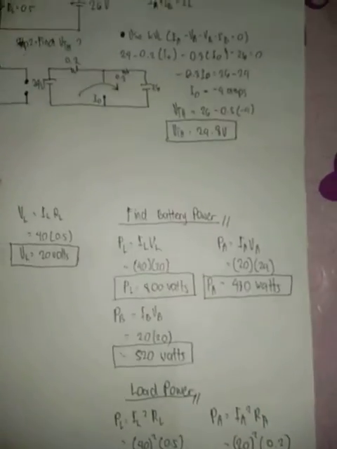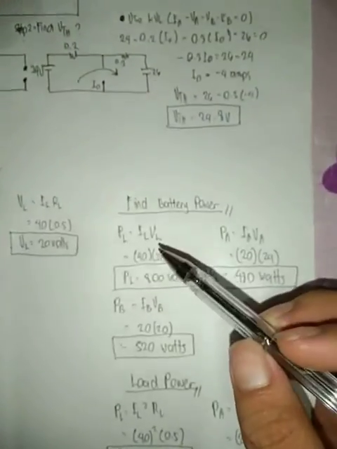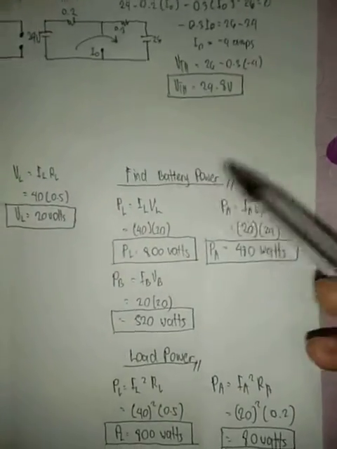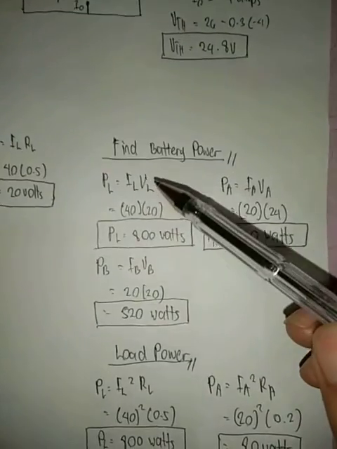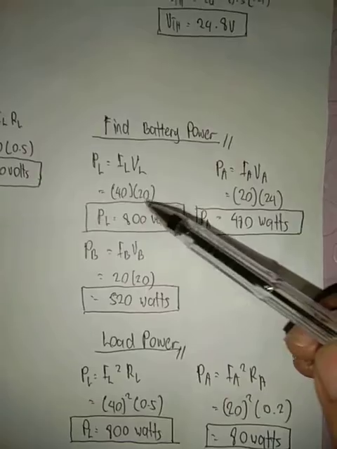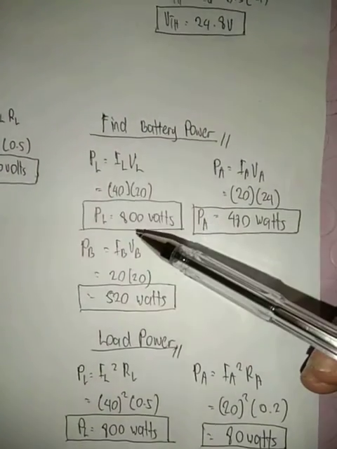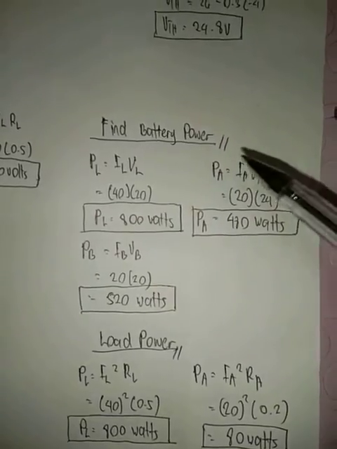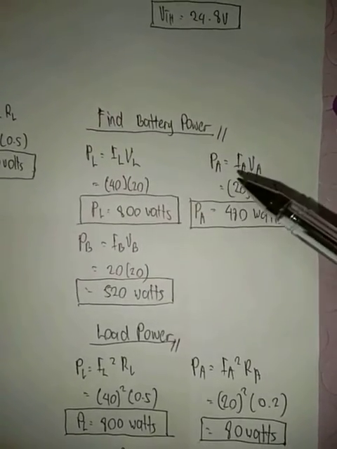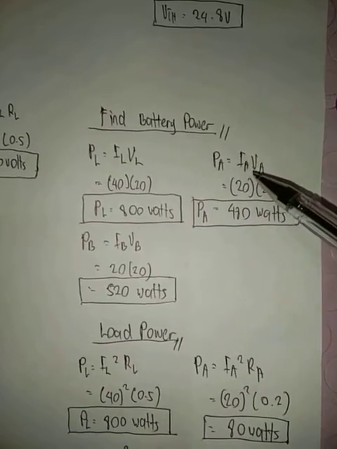Now find the battery power of each resistor. PL, the formula is IL times VL. IL equals 40, VL equals 20. So 40 times 20, our PL equals 800 watts. PA equals IA times VA.